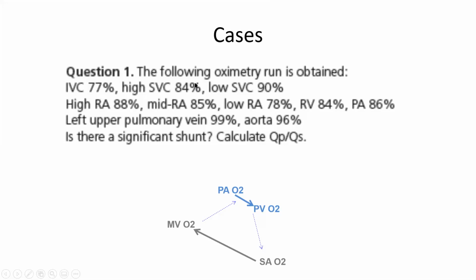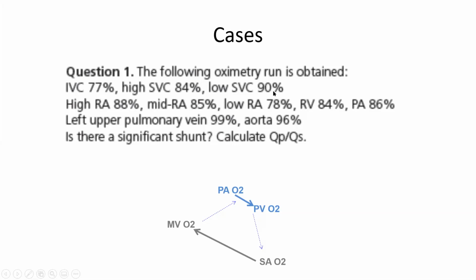You got me? What you mentioned is great, because it is a hint that the shunt is somewhere in the SVC, high to low, and it's probably sinus venosus. But the bigger hint is between IVC and SVC. And you will get a fluctuation.